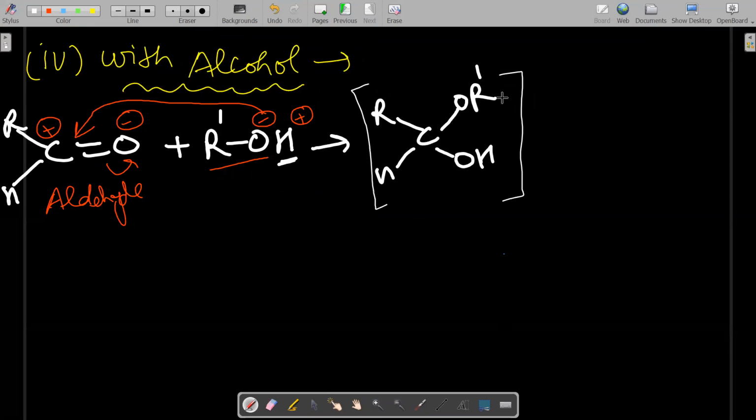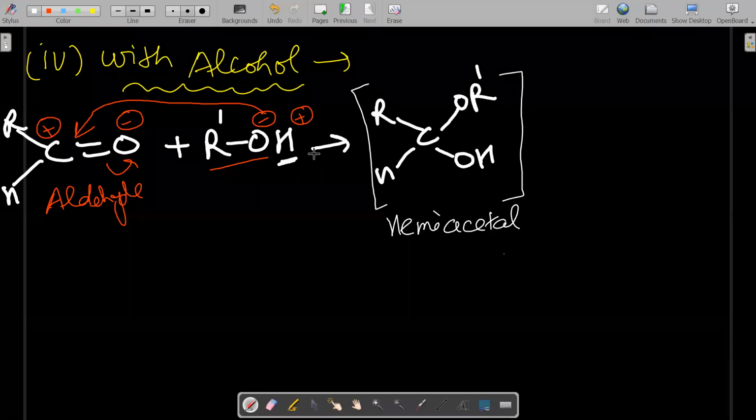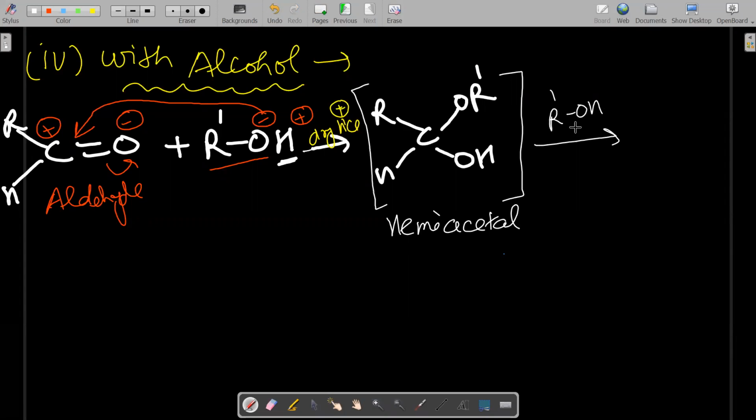It is not very stable because this reaction is carried out in the presence of dry HCl, and hence this OH reacts with H plus and releases water, so again carbon carries a positive charge. So carbon becomes an electrophile again, and due to its electrophilic nature it reacts again with the second mole of monohydric alcohol. Here the H plus is removed, this carbon is carrying a positive charge, so the nucleophile again attacks this carbon. So what we get as the final product, that means this is a monoalkoxy.